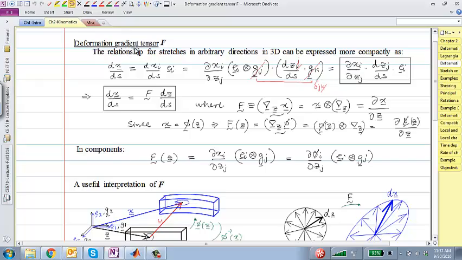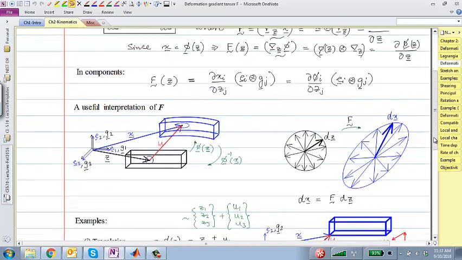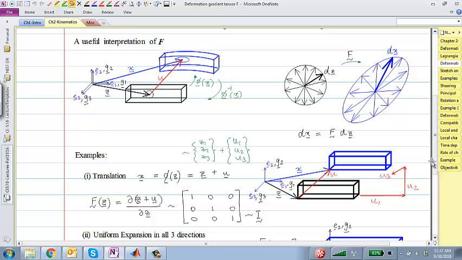F is the deformation gradient, and a very useful way of interpreting what F is this logic. If you have an undeformed body, this black body, you go to any point in that undeformed body, like the couple of points that we just chose. In a small neighborhood of that point, you can consider infinitely many arbitrary infinitesimally small vectors dz.